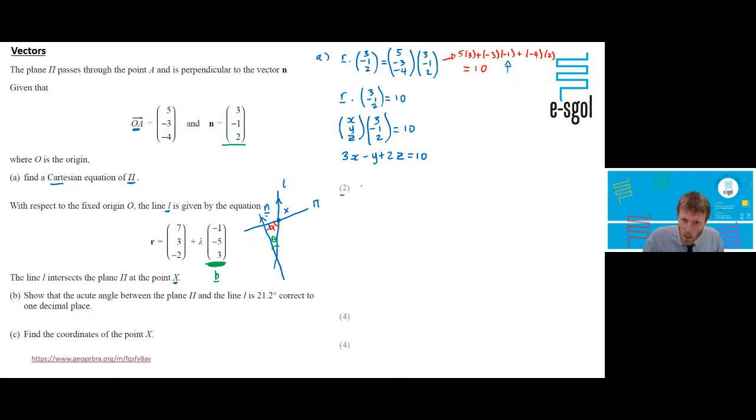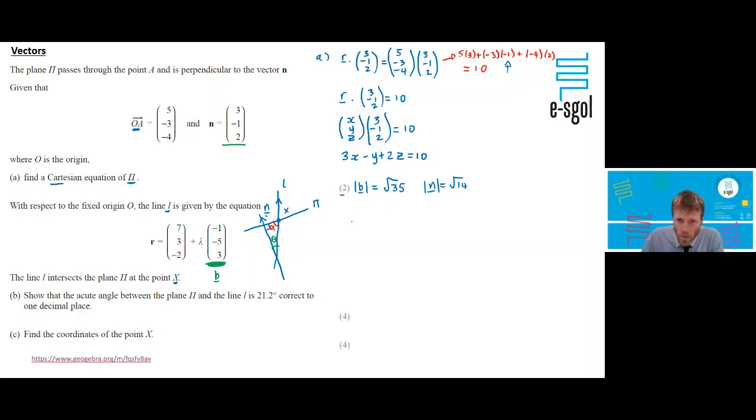If I take b and get the modulus of b, so -1 squared, add -5 squared, add 3 squared, square rooted, that's root 35. If I do the same for the normal vector, the modulus of the normal vector is root 14.